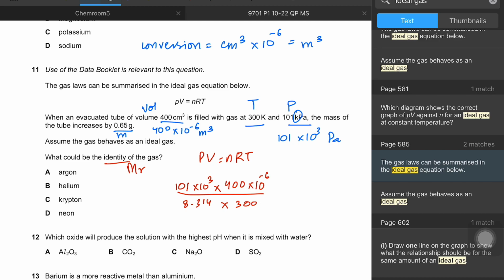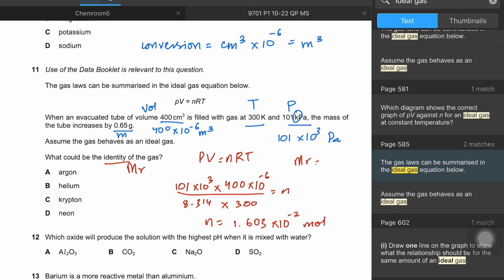The number of moles can be found out. So 101 and 400, exponent -6 cancels exponent 3 and I get exponent 3 remaining, divided by 8.314. Okay, so the number of moles is, in my case, 1.603 × 10^-2.